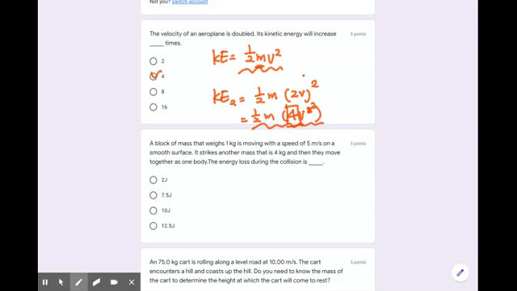Okay? Next one, a block of mass that weighs 1 kilogram is moving with a speed of 5 meters per second on a smooth surface. It strikes another mass that is 4 kilograms and then they move together as one body. The energy lost during the collision is, so first, energy, obviously. If there's a loss, so it's an inelastic collision, right?